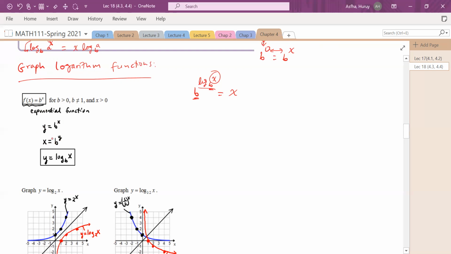Then we solve for y. Since this is exponential form, I can change it to logarithmic form: log of x to the base b equals y. These are the same, right? Because we learned the relationship between exponential and logarithmic. So both of them are inverses of each other.